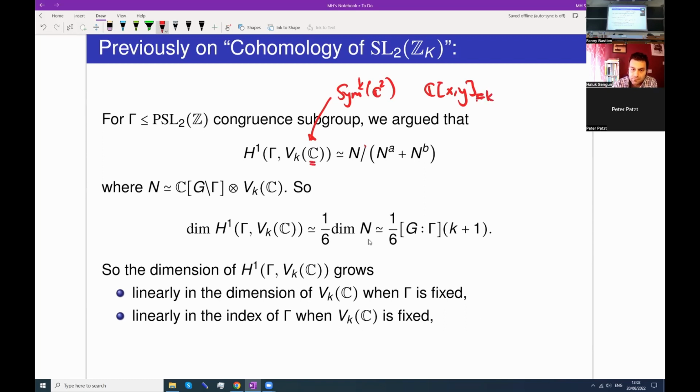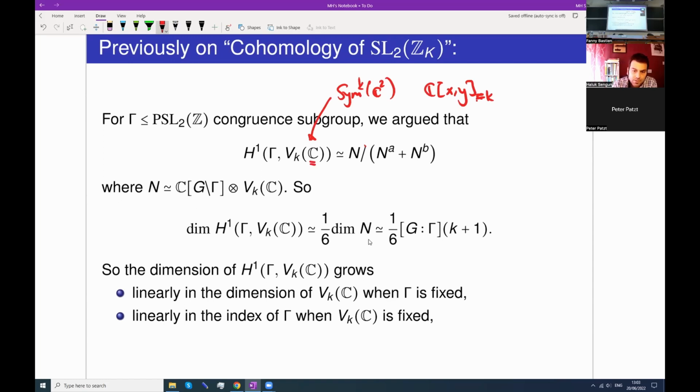So the ring that we are operating over is usually indicated. It's going to be mostly either the complex numbers or maybe some finite field. We argued that, this is quite well known, this is a different way of looking at the so-called Manin symbols description of the cohomology of gamma.